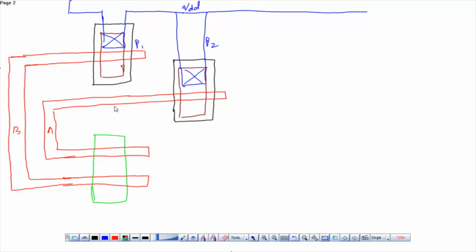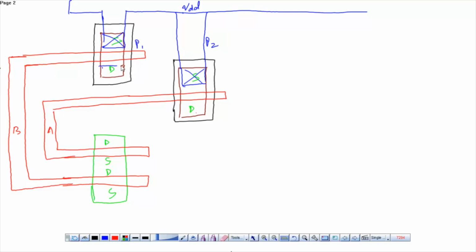Now we have to short these two drains. This is the drain terminal, this is the drain terminal, this is the drain, this is source, source, source, drain, source. These are the gates. Okay, now we have to short these three drains.